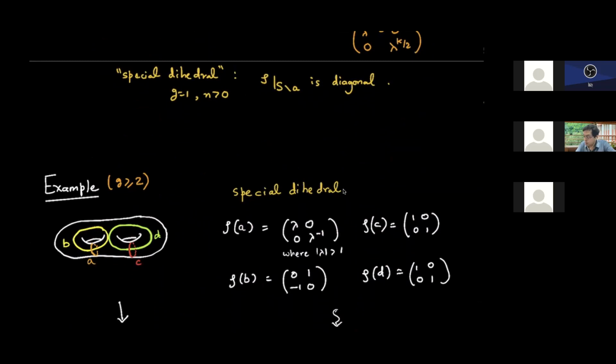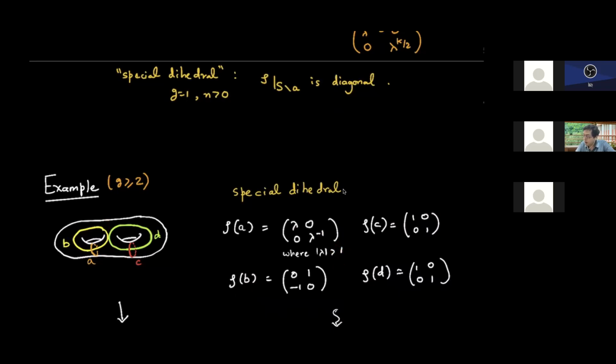Just as an illustration, suppose you take a genus 2 surface here, and I try to do the same thing. A and B are generators of one of the handles, and B maps to this inversion, and A maps to this diagonal matrix.